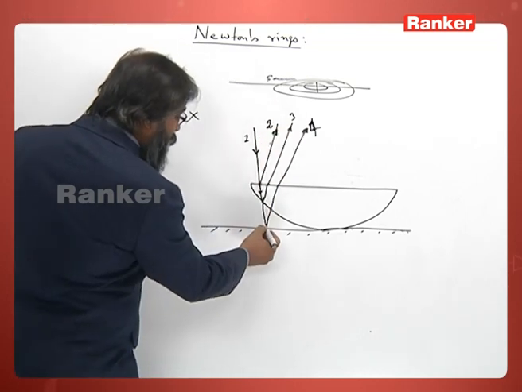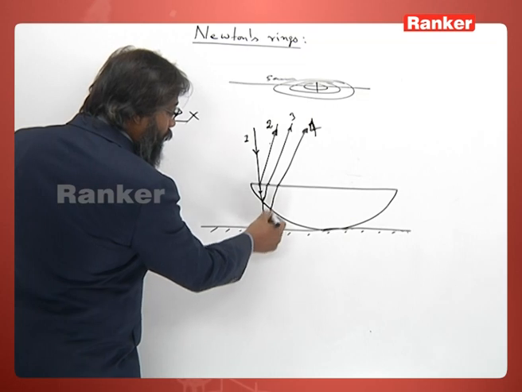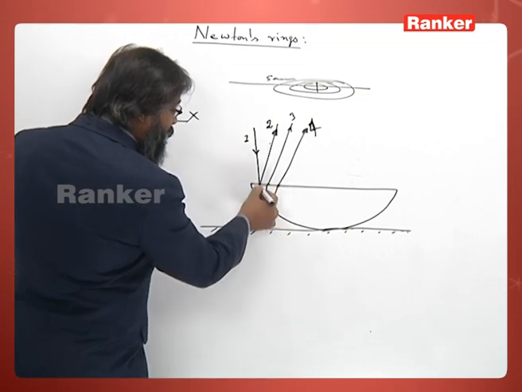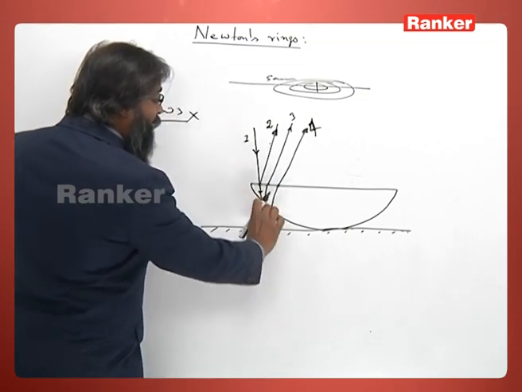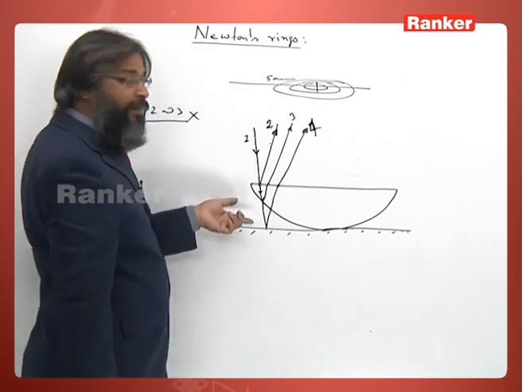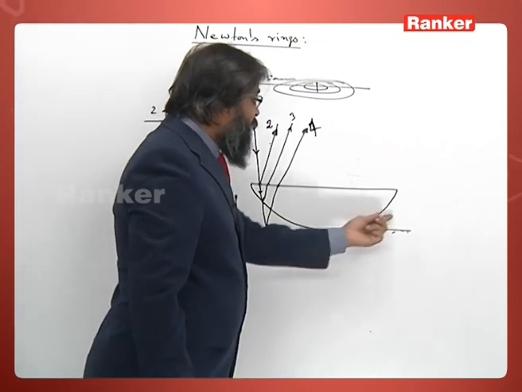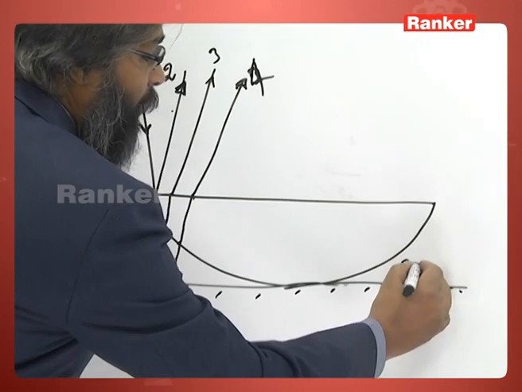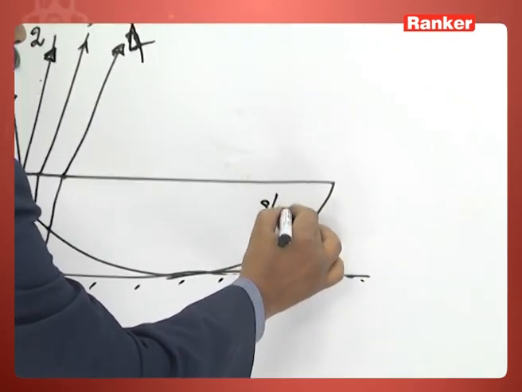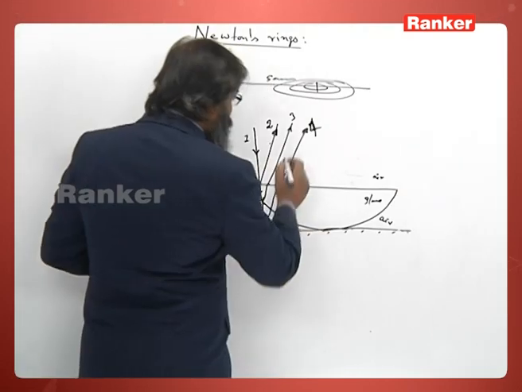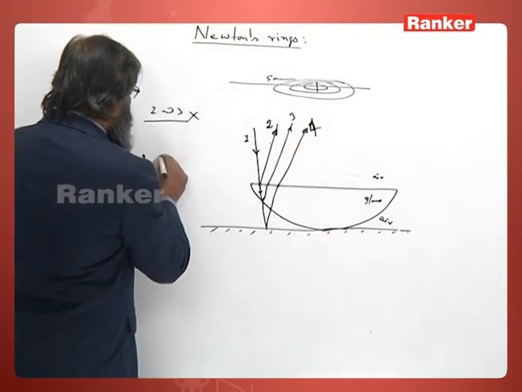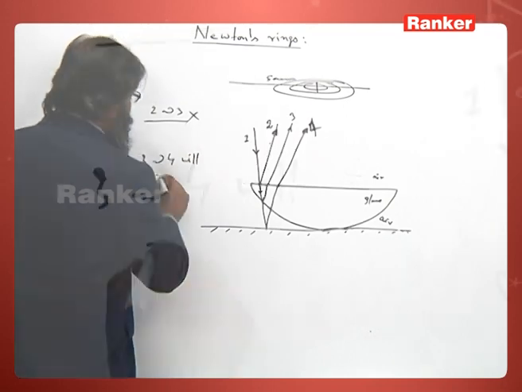What about 2 and 4? Now this again this distance is large, although in my diagram it seems that this distance is large. This is my exaggerated diagram. Here the film, air film is there. This is air film, air, glass and air. So the ray 3 and 4 will interfere.